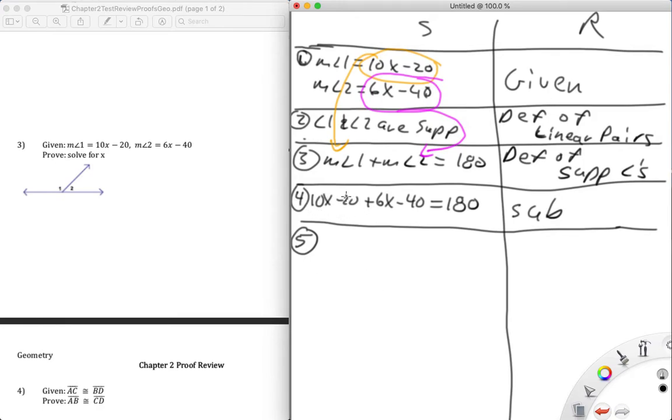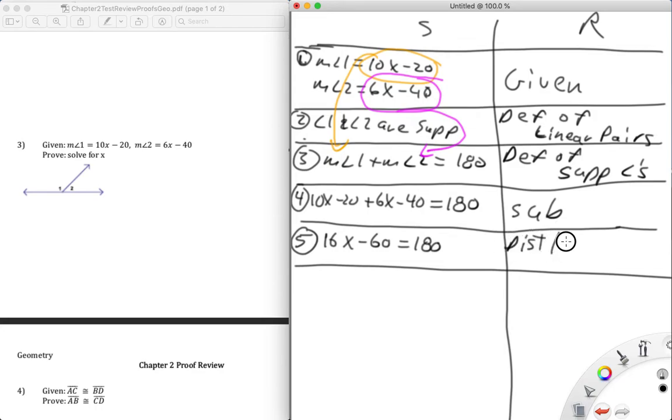I can combine like terms. 6x and 10x is 16x, negative 20 and negative 40 is negative 60, and that equals 180. I can say that because of the distributive property, or I can say simplify, or I can say combine like terms. I'll take them all.